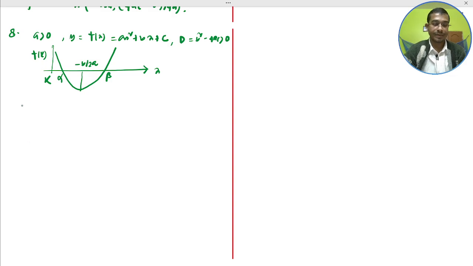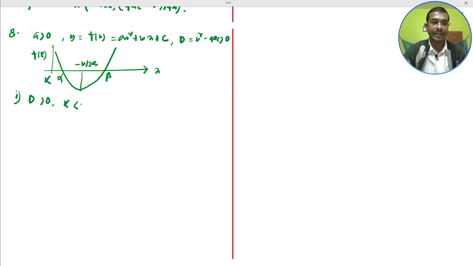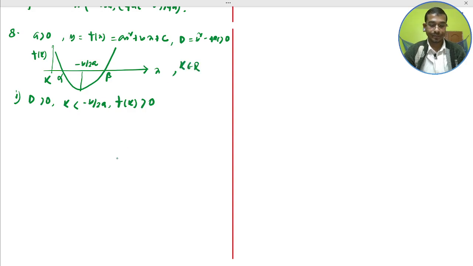So the first condition: D greater than 0, k less than minus b by 2a, and f(k) greater than 0. Here k is a real number, k belongs to R, and this is the first case.